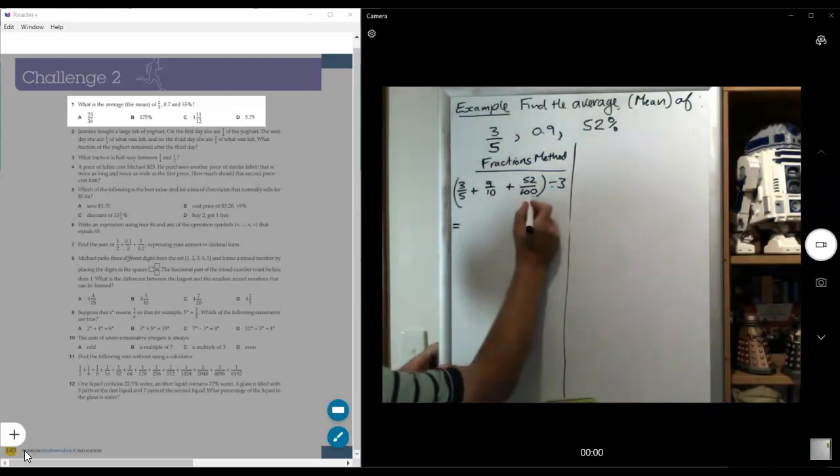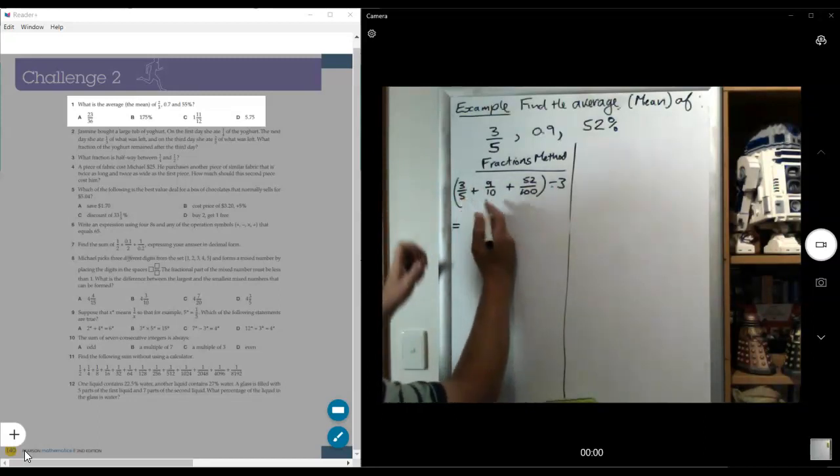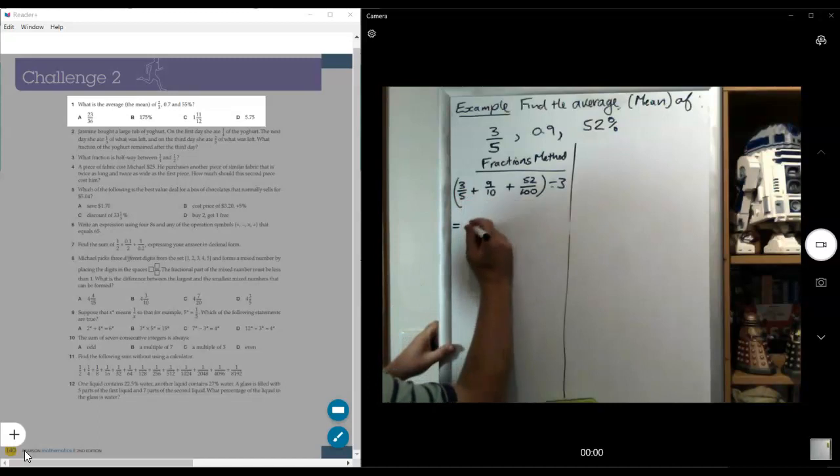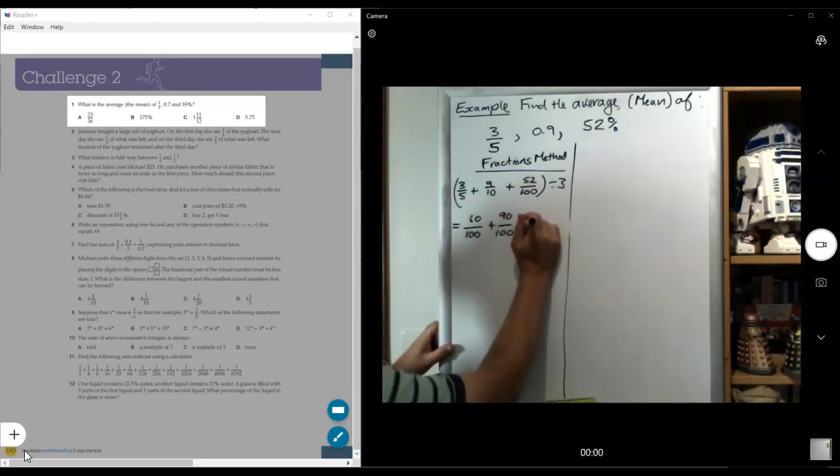So let's make the new denominators the same. So 5 needs to be multiplied by 20. So 5 times 20 is 100, and 3 times 20 is 60. Okay, and then we'd have to multiply this one by 10. So 90 over 100, and that one's already over 100, of course.